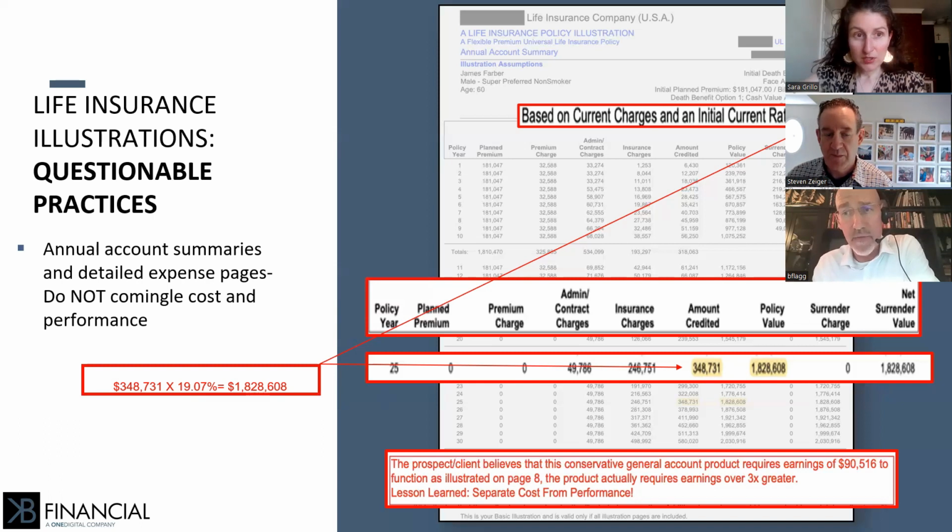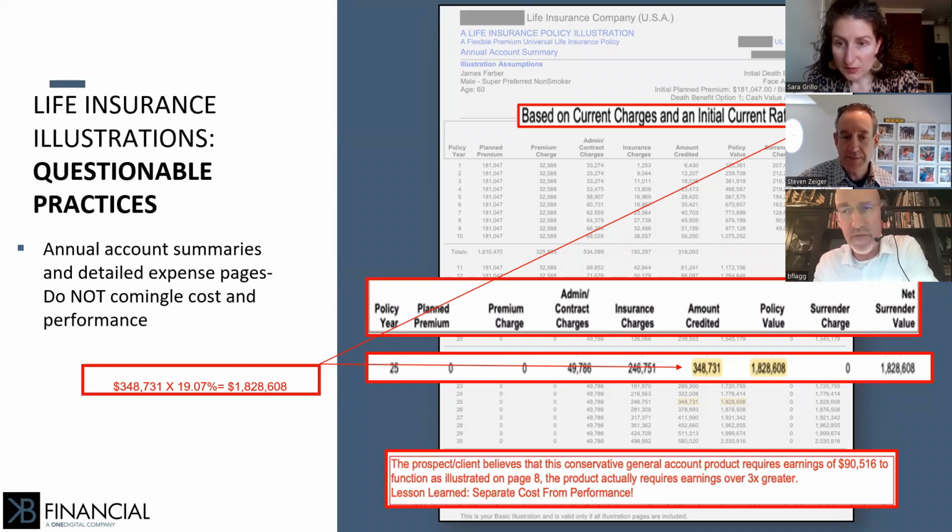They're currently crediting 4.95, but in the 25th year, to make their illustration work, they will have to credit 19.07% in that year to meet illustrated expectations. They're not crediting that. They will have to 25 years from now. Yes, correct. And if they don't, it doesn't work.